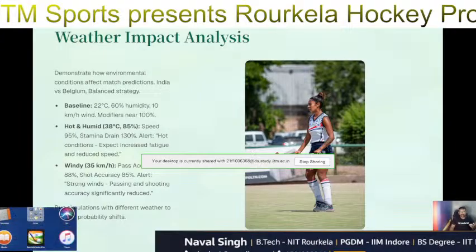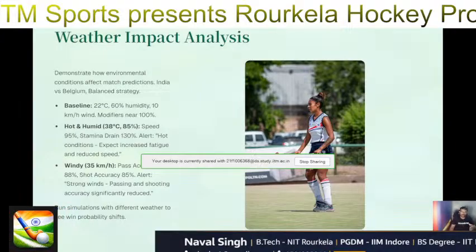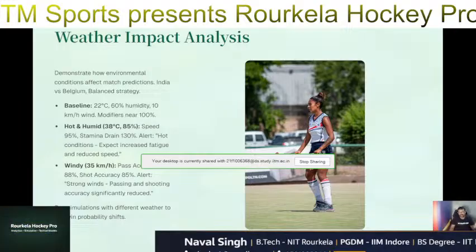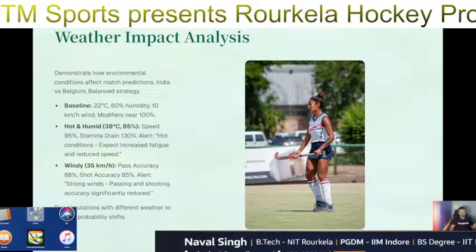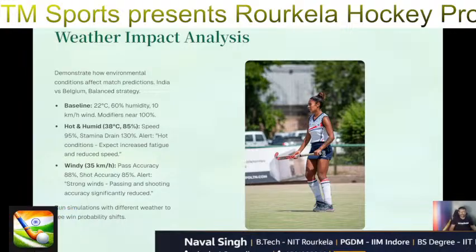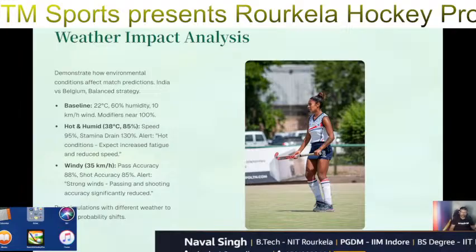Then is the weather impact analysis. What we have demonstrated is how environmental conditions affect the match prediction, and the baseline is 22 degrees Celsius, common in February in the evening, 60% humidity and 10 kilometer per hour wind, and this leads to modifiers near 100%, so that there is no degradation in performance.